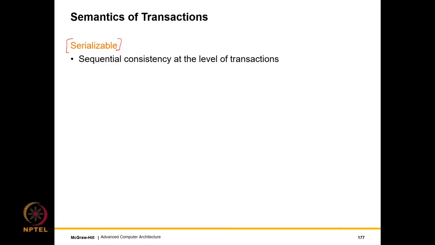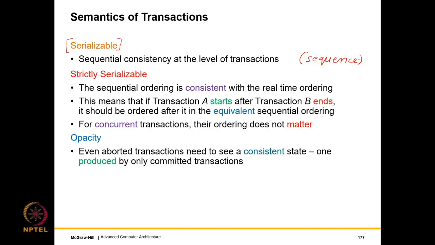This is sequential consistency at the level of transactions. It basically means it is possible to arrange all the transactions in a single sequence where we are respecting the program order of transactions within each thread. So this is like SC at the level of transactions.